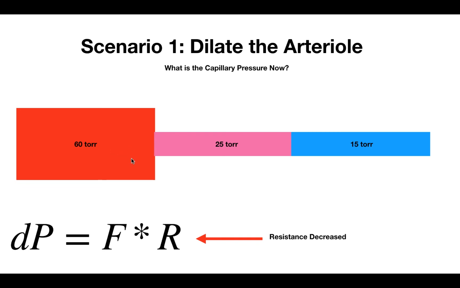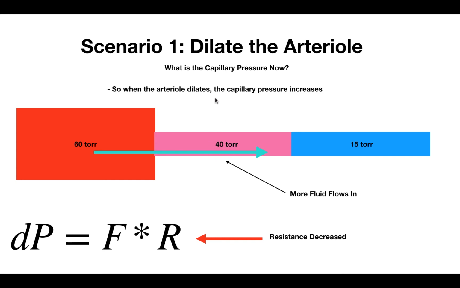So in this case, if you were to dilate the arterial, more flow would enter into the capillary, and whenever you have more fluid flowing into something, you increase the pressure of that thing. So if you were to dilate the arteriole, the capillary pressure would increase because you have more fluid flowing into the capillary, which then exerts a pressure on the capillary wall.